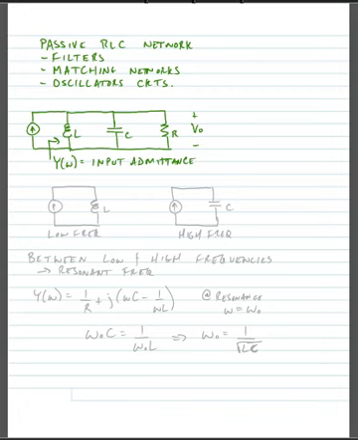So we can look at this circuit at low frequencies and at high frequencies. At low frequencies, we might expect that the inductor will dominate the admittance. So our circuit would look like this at low frequencies. At high frequencies, we would expect our capacitor to dominate the admittance.